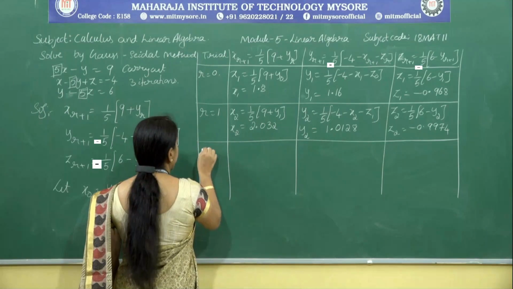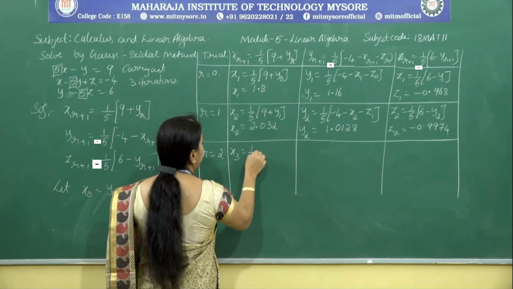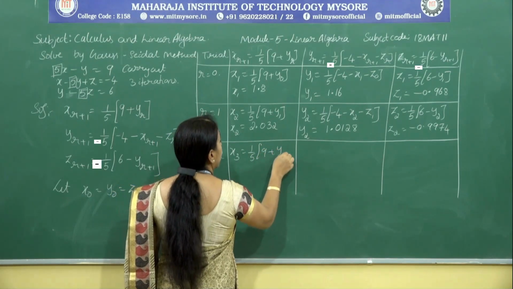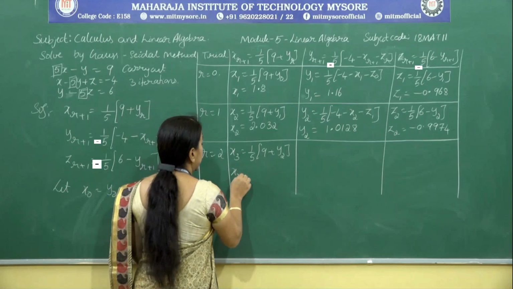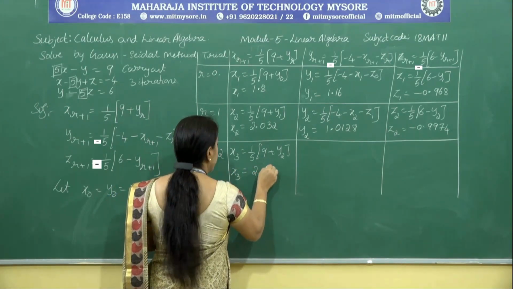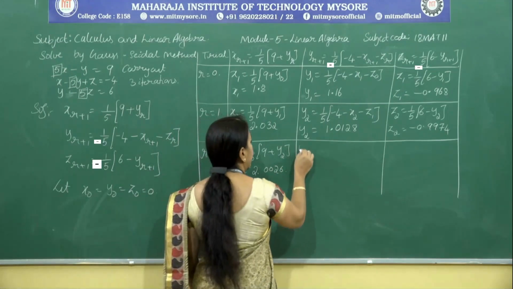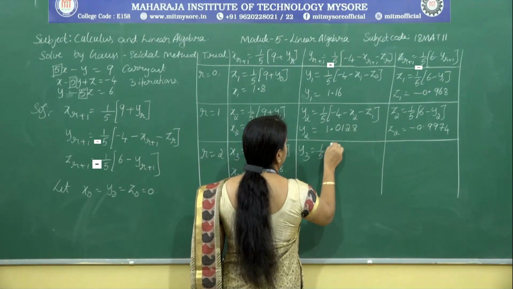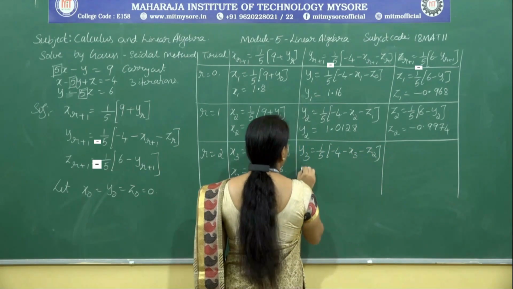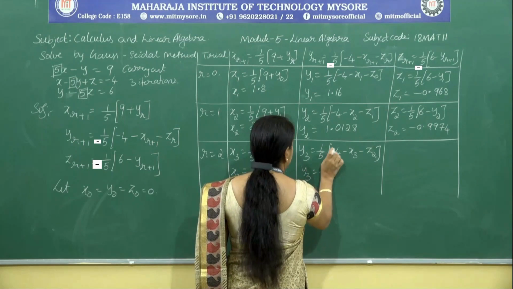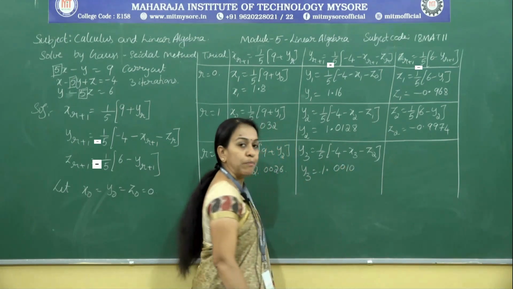Okay, and the last trial r equal to 2, so x3 is 1 by 5 into 9 plus y2. You know what y2 is, right? Substitute that, so that I will get x3 as 2.0026. Okay, and then y3 is 1 by 5 into minus 4 minus x3 minus z2, so y3 is 1.0010.